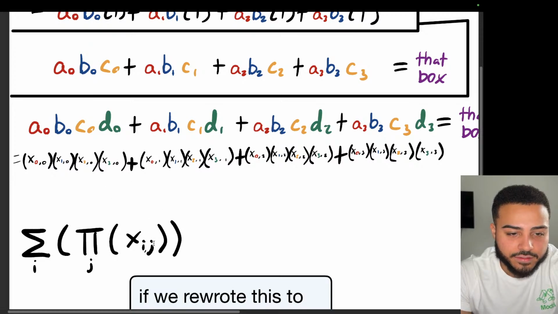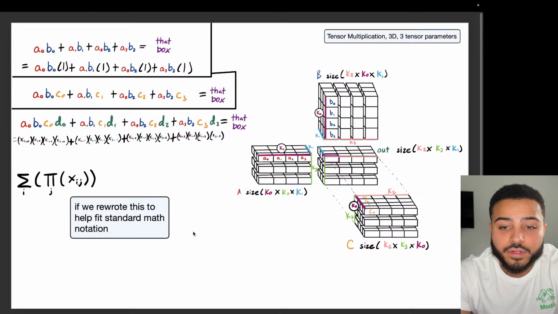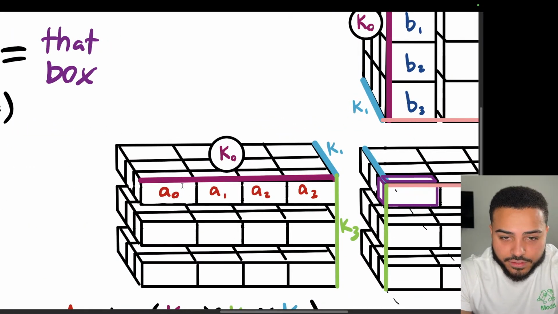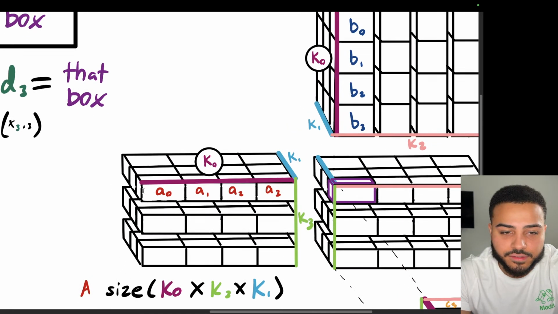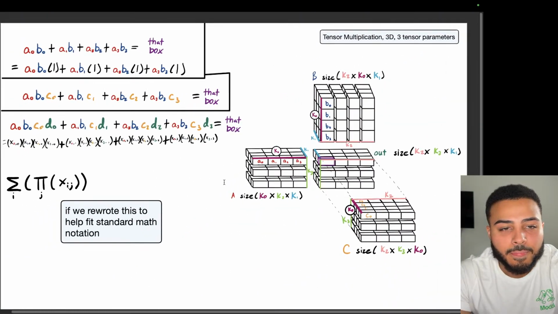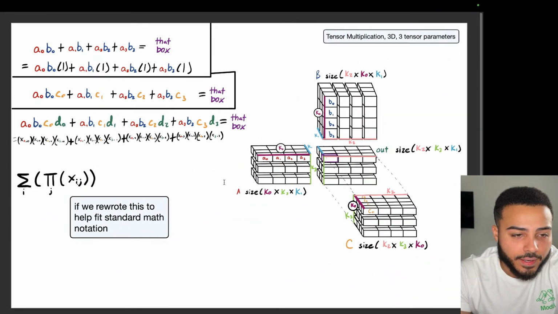And then anything in J, J goes from 0 to K sub 0, as you can see here. It's the axis, the inner dimension that matches, has to go on. Okay.